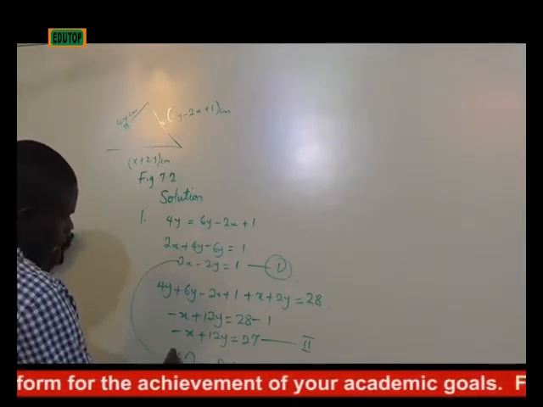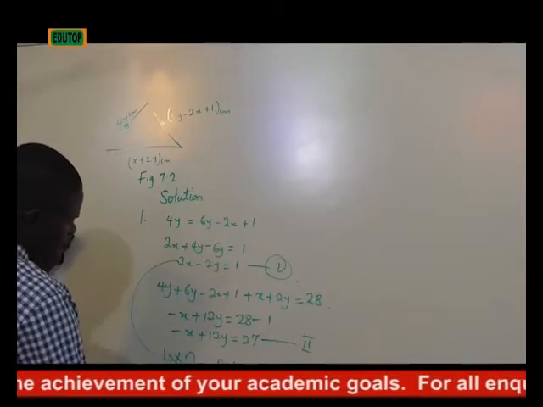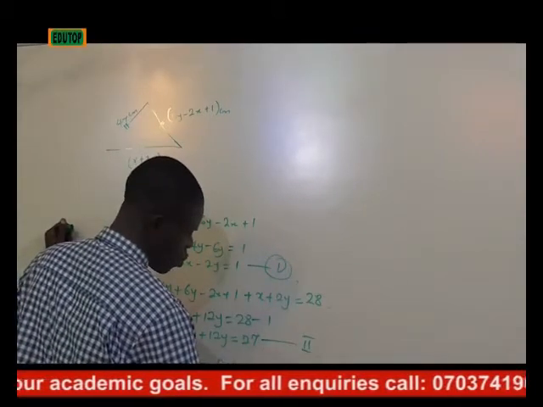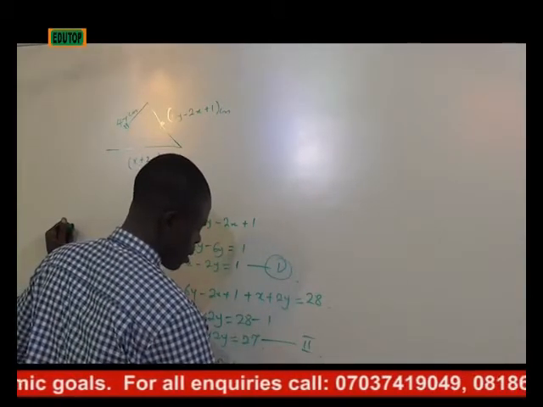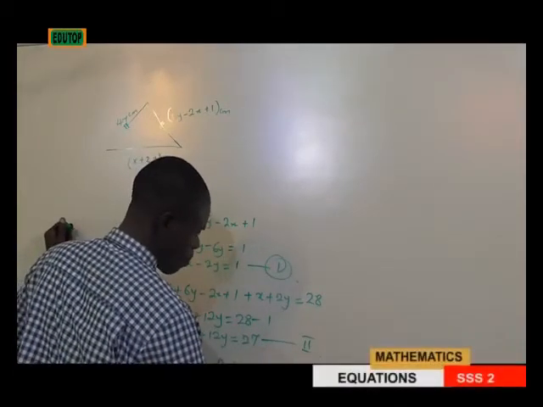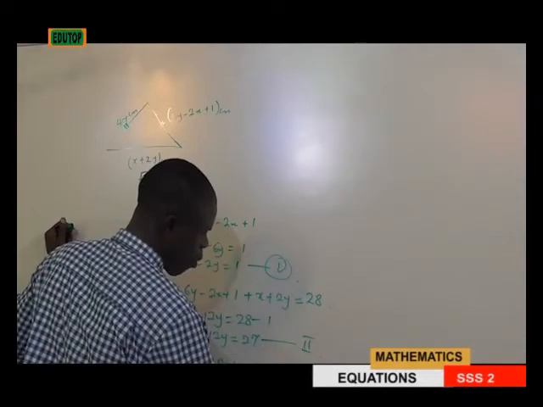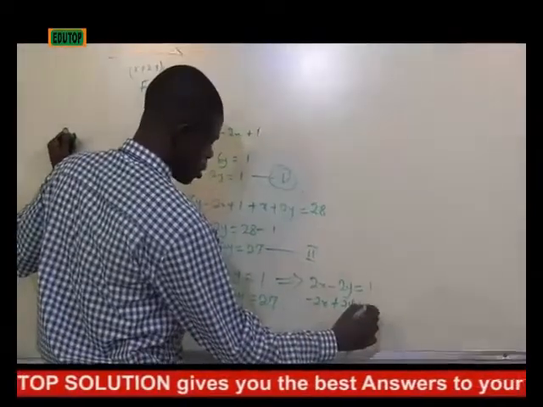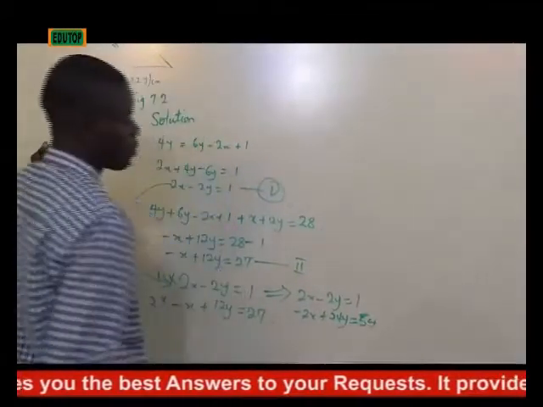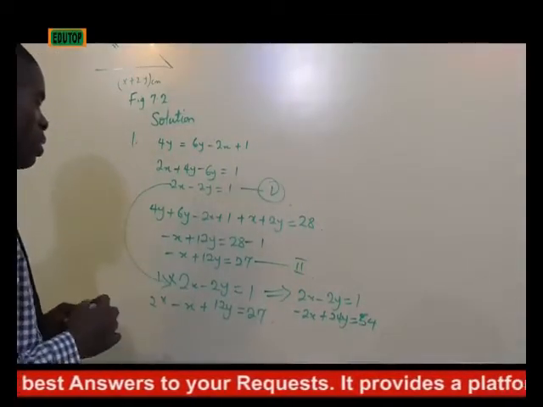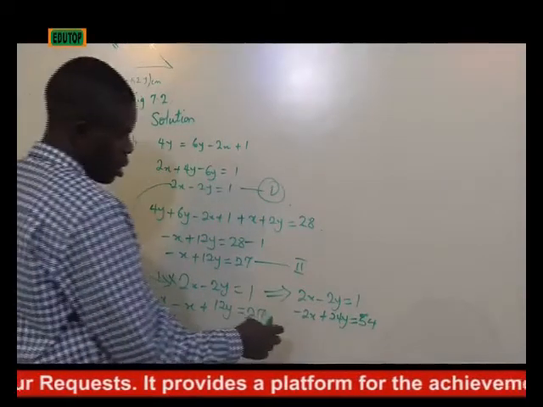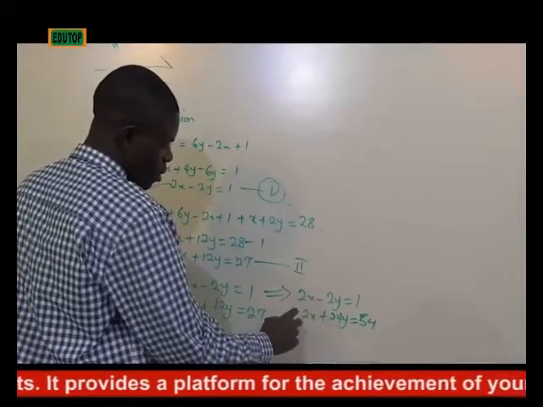So if we multiply this by 1 and this by 2, we equalize the coefficients. This one becomes 2x minus 2y equals 1. And this one becomes minus 2x plus 24y equals 54.